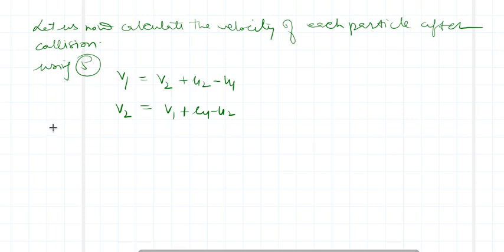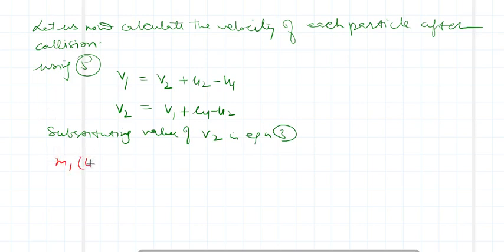So substituting the value of V2 in equation 3. If I use this value in equation number 3, then what am I getting? I am getting M1 (U1 minus V1) must be equal to M2 (V1 plus U1 minus U2).